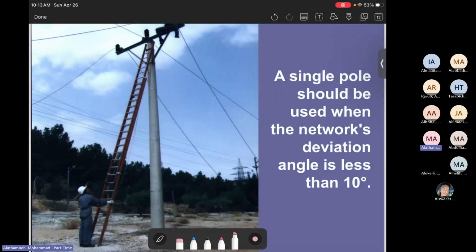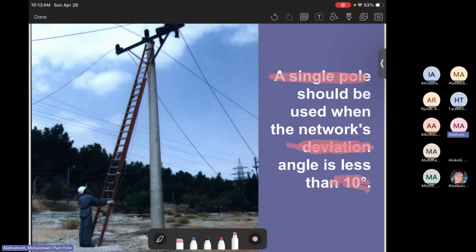Now, when should we use the single pole? Single pole is used when the angle is below 10 degrees. If the angle is below 10 degrees, it will be fine and we can use a single pole. However, if the angle is more than 10 degrees, use a double pole, which is two poles.